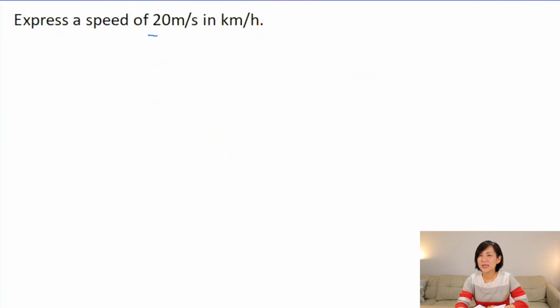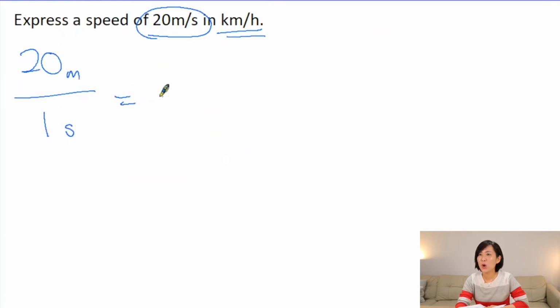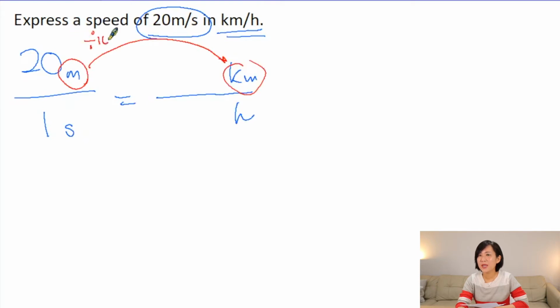Okay, now let's see. Express the speed of 20 meters per second in kilometers per hour. This is the opposite way, right? We need to convert meters to kilometers, so we divide by 1,000. That is 20 divided by 1,000.